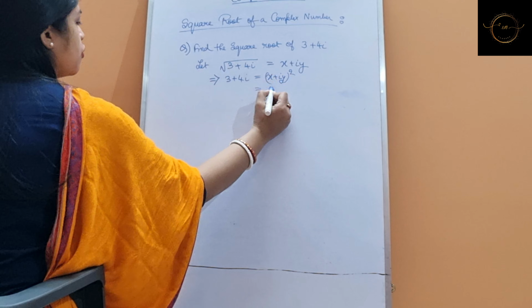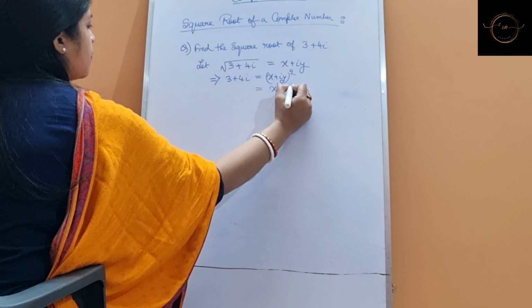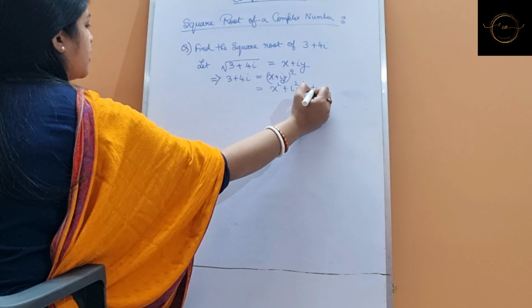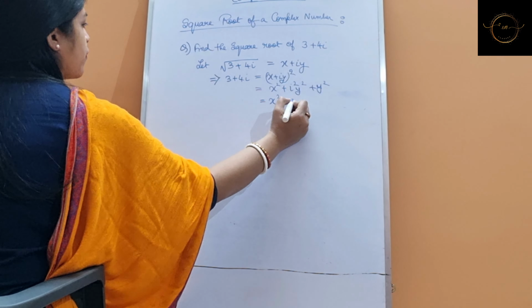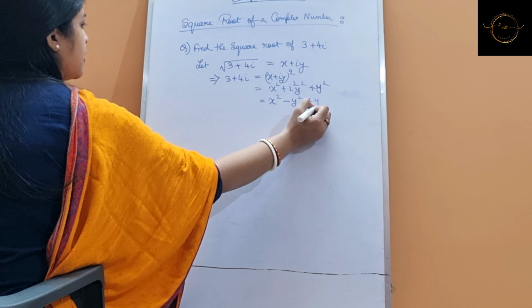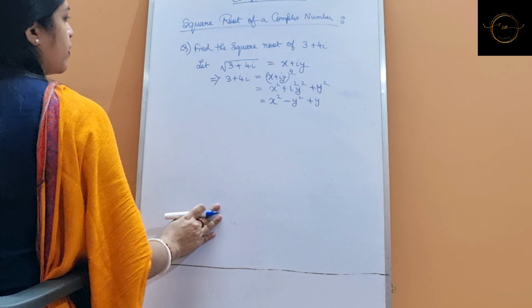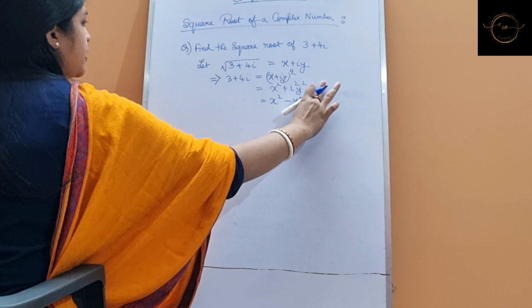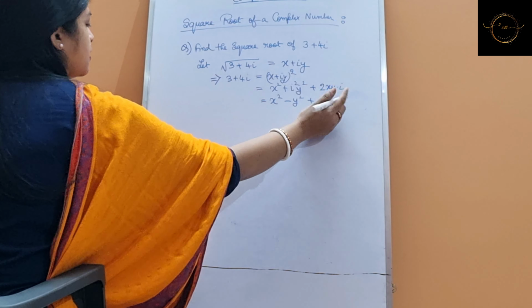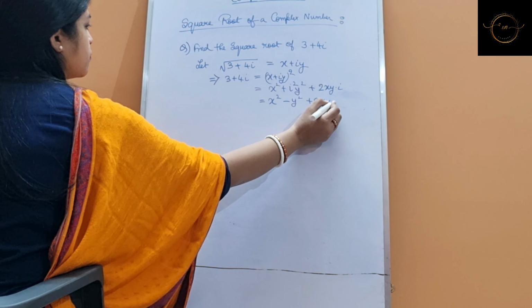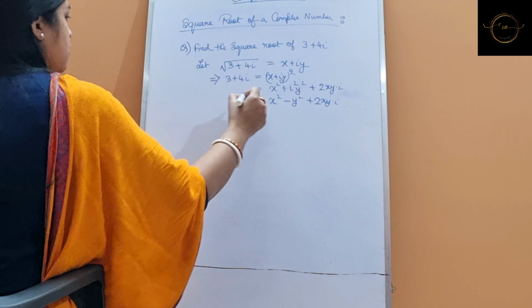If you expand this, you get x square plus i square y square plus 2xy into i, which is x square minus y square plus 2xy into i.